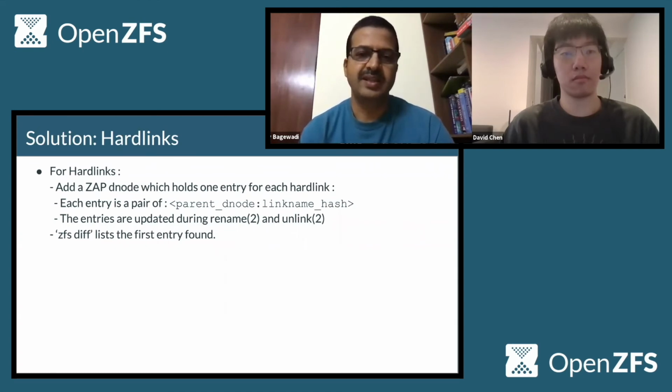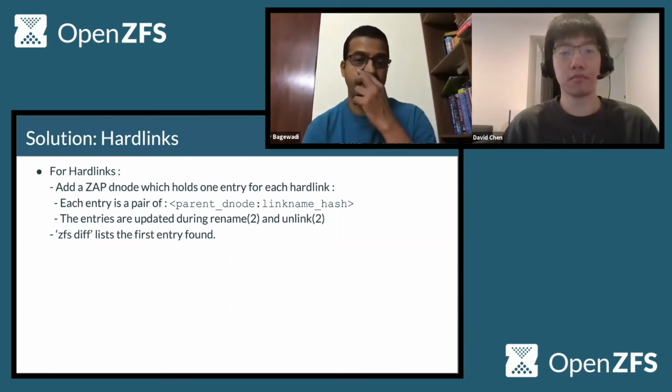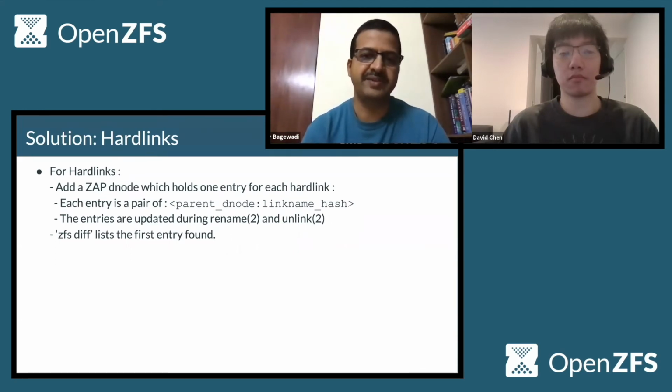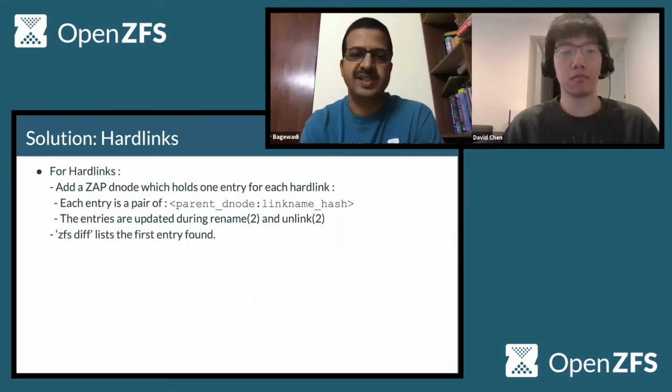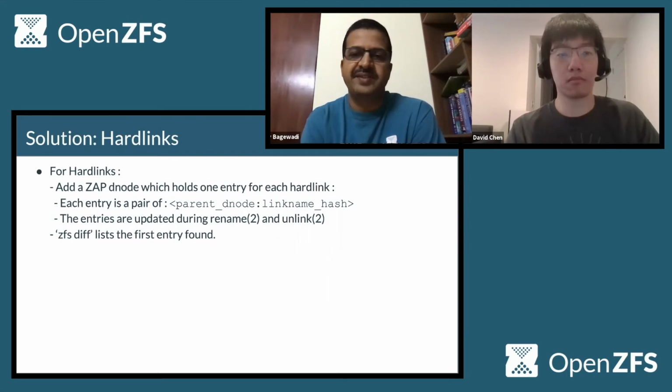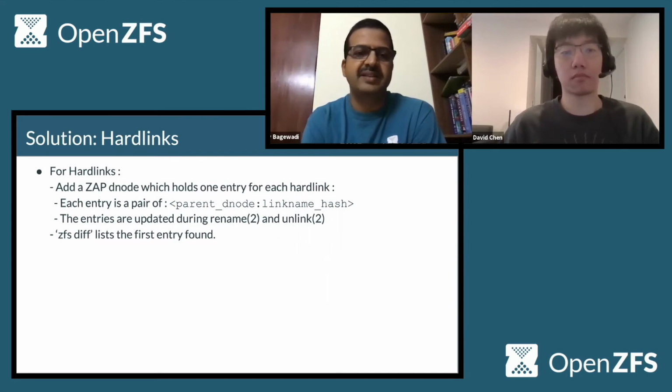Initially we explored the option of storing it in the dnode itself, but we are using the standard dnode, which is 512 bytes, and there's not enough space there to store it. So what we decided to do was add a new ZAP object, and this is allocated only if the file is hard linked, as in if its link count is greater than 1.